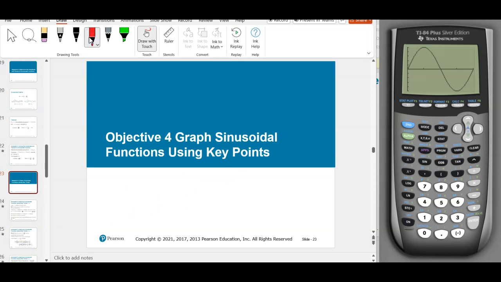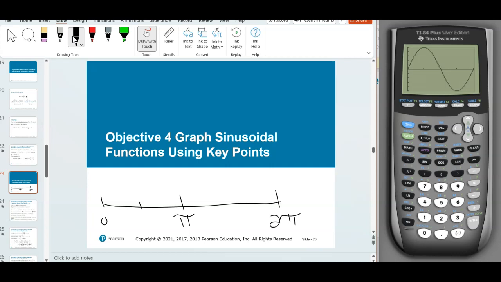All right, on this part, graphing sinusoids using the key points. The key points that we're referring to here are, if we go one period, that's 0 to 2 pi, typically, again, if both of these functions are unaltered. Halfway would be pi, right? That would be half a period. And then halfway between those would be pi over 2 and 3 pi over 2. And at those points, for sine, we hit a maximum and a minimum.